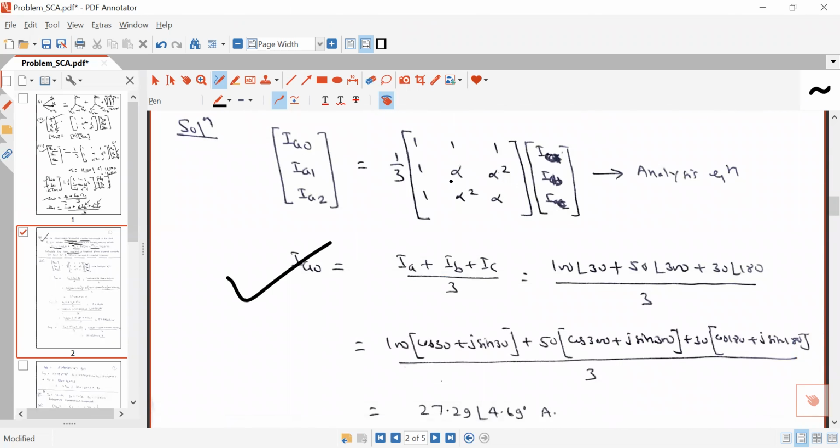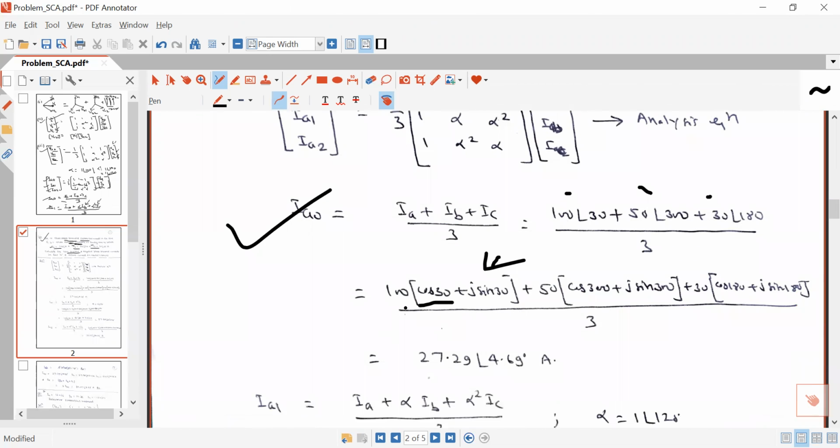IA0 from this matrix, you can write IA plus IB plus IC. IA, IB, IC are given in the problem. Just substitute. You must remember 100 angle 30 means 100 cos 30 plus 100 j sin 30, and cos 30 is root 3 by 2 and sin 30 is half. So after substituting all of the values, you can get this expression in complex form, x plus jy. And after getting complex form, you can convert it into polar form.